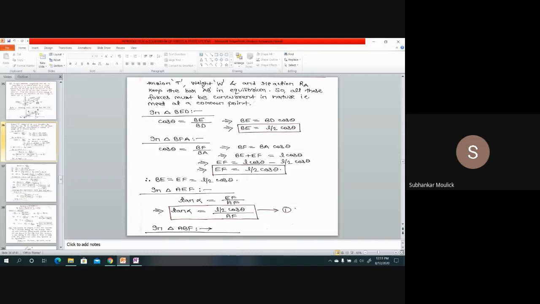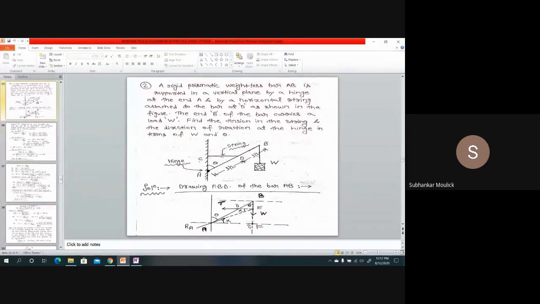EF I have already calculated, that is L by 2 cos theta, divided by AF. AF I don't know. I have to use the concept of geometry to find the value of AF. Is equation number 1 clear? Does anyone have any doubt in this equation? No, sir. Okay, fine. Now, in order to find the value of AF, let us consider triangle ABF.